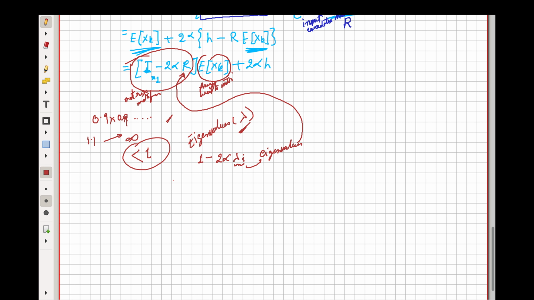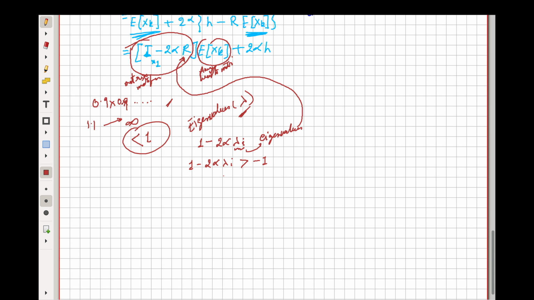What I mean by that is we need this 1 minus 2 alpha lambda i to be less than 1 in magnitude. So if we subtract 1 from both sides, what we get is minus 2 alpha lambda i greater than minus 2.